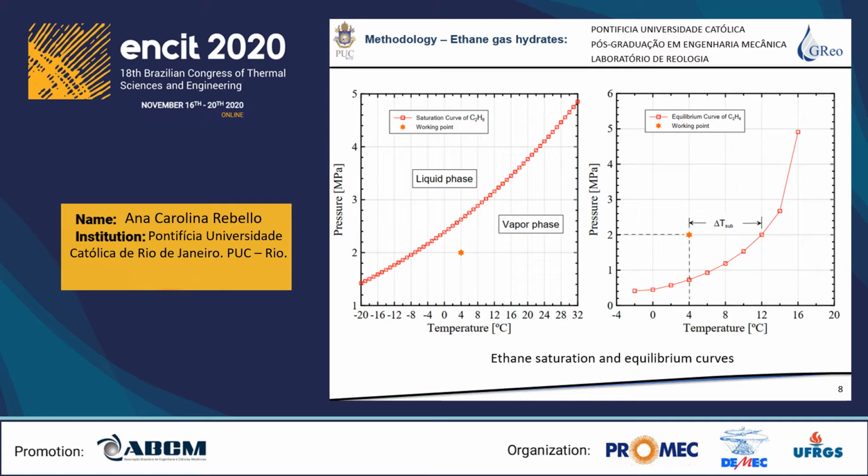On the graph on the left, we can see the saturation curve, which shows that during our test, ethane remains in the gaseous phase because we work in the test with a temperature range of 25 degrees Celsius to 4 degrees Celsius, and with hydrate formation pressures always around 2 MPa. Once the experiment is initialized in the rheometer, the cell begins to be pressurized with ethane until it reaches an initial pressure of 25 bar, and the pressure will change during the test.